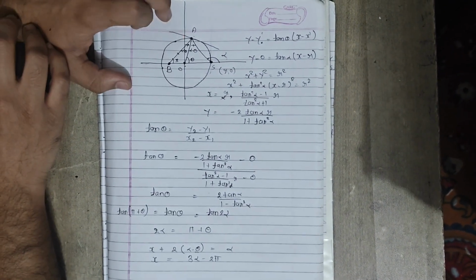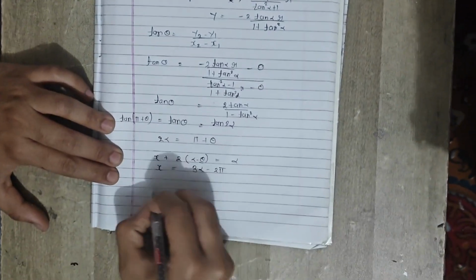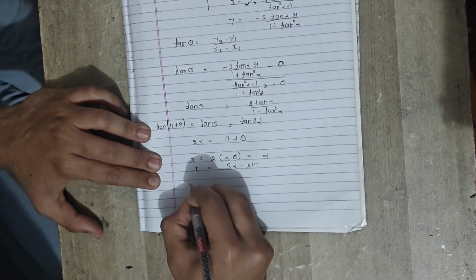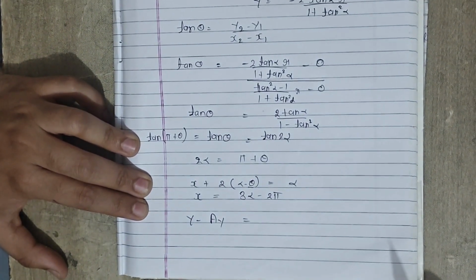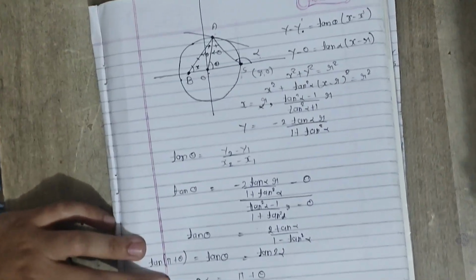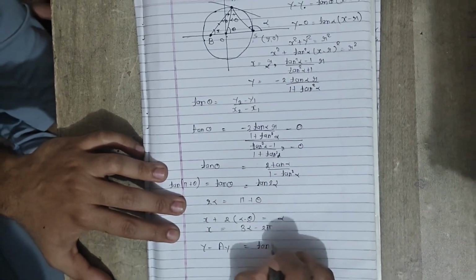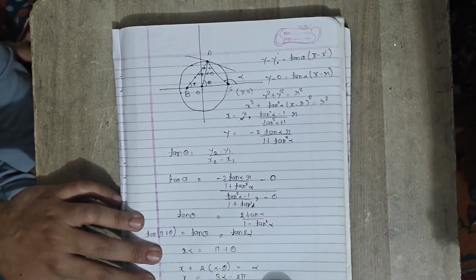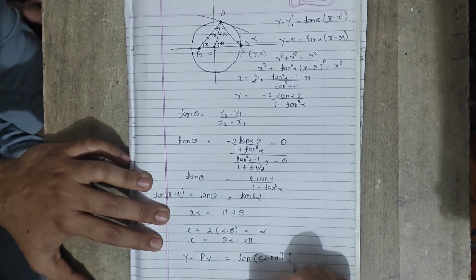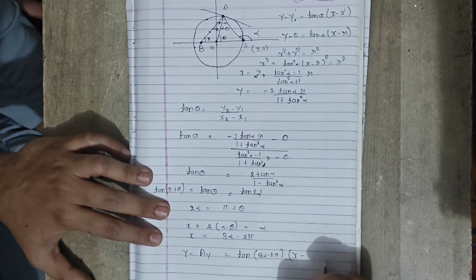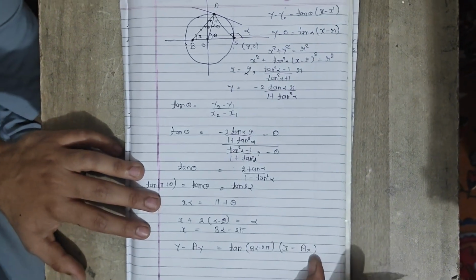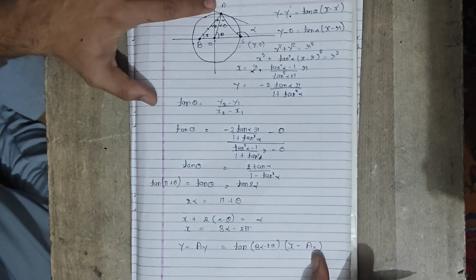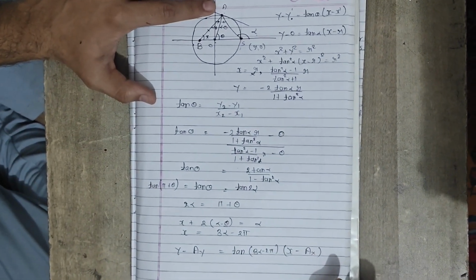What will be the equation? Y minus ay, the y coordinate of point A, is equal to tan (3 alpha minus 2 pi) into (x minus ax), where ax is the x coordinate of point A. So this is the equation of the reflected ray.